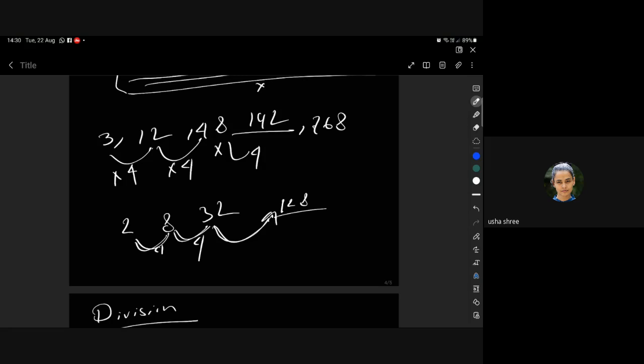So without using a calculator, you can solve it in pen and paper only. No problem. They will give you simple problems. I'll solve the questions that were asked in the previous years, so you will have an idea. Even in the last session, whatever they have asked, I will solve.